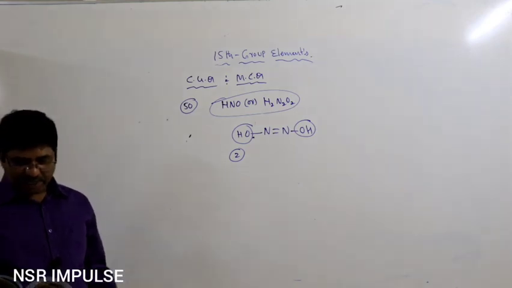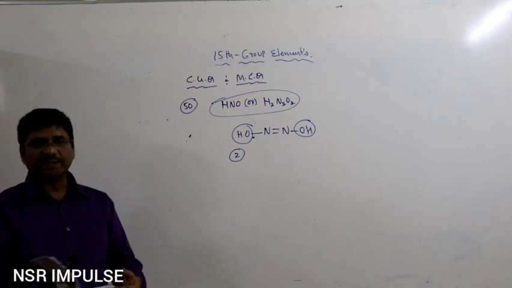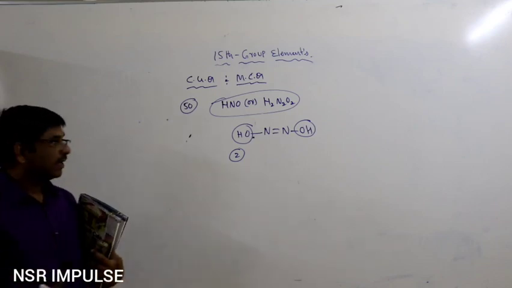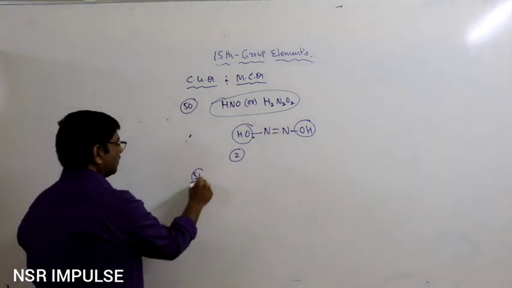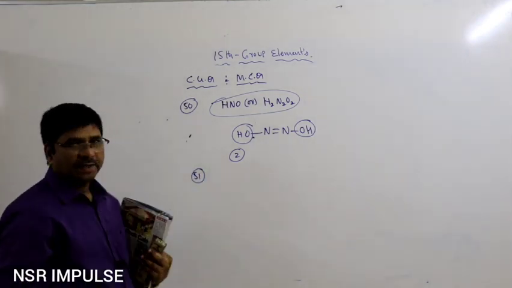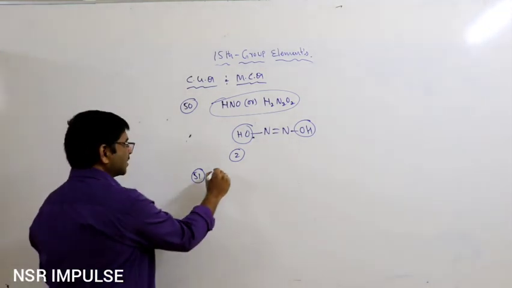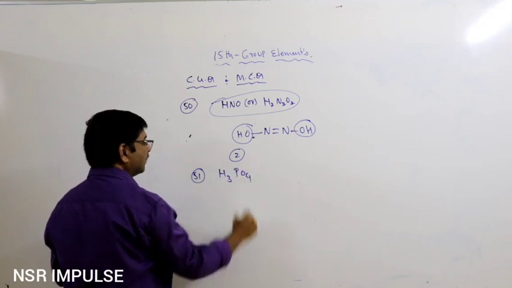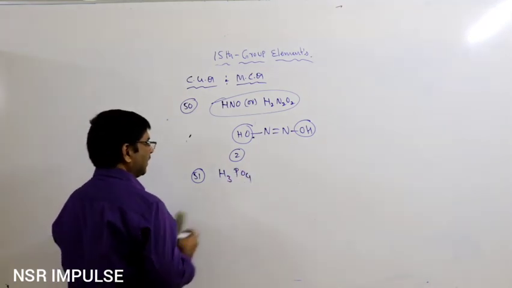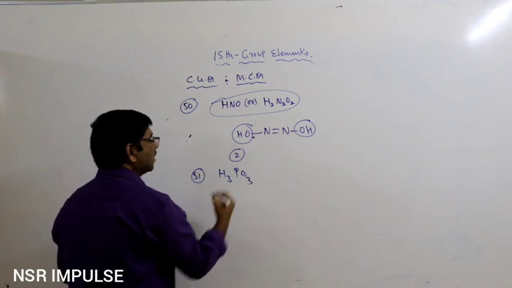Next one, oxidation state of phosphorus in orthophosphorus acid. Oxidation number of phosphorus in orthophosphorus acid. What is the orthophosphorus acid formula? Phosphorus means H3PO3.